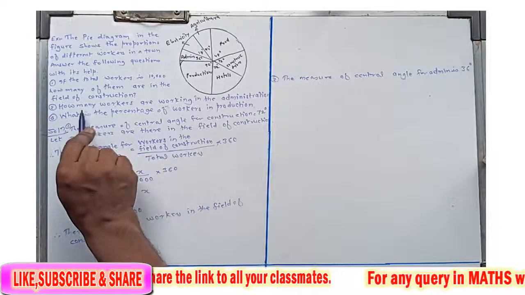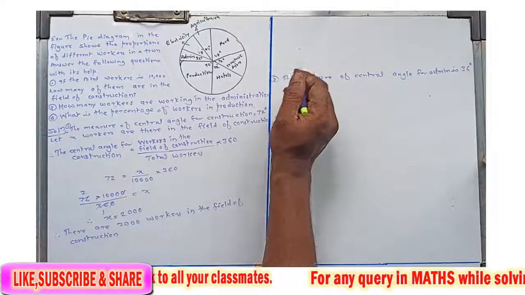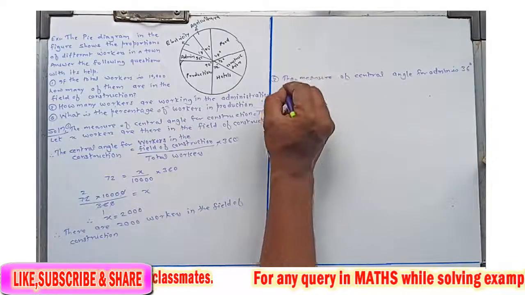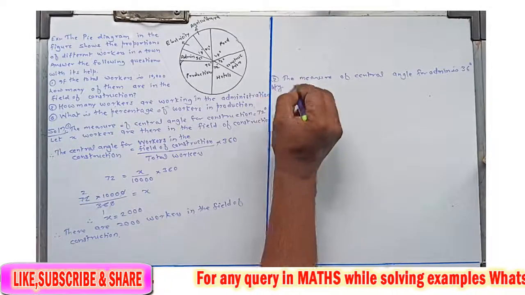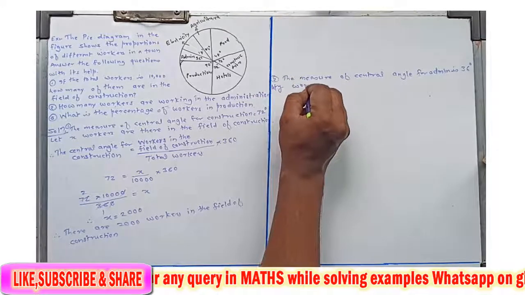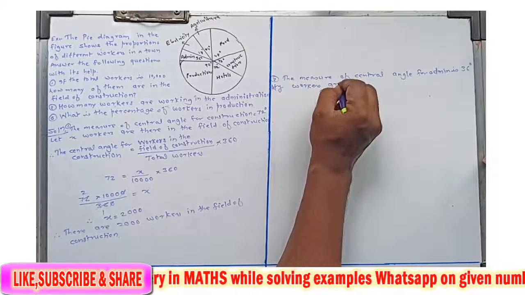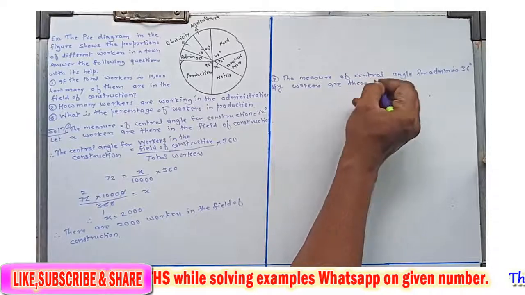Now what we have to find? We have to find the number of workers. So we start, let x workers are there, or let y workers are there.